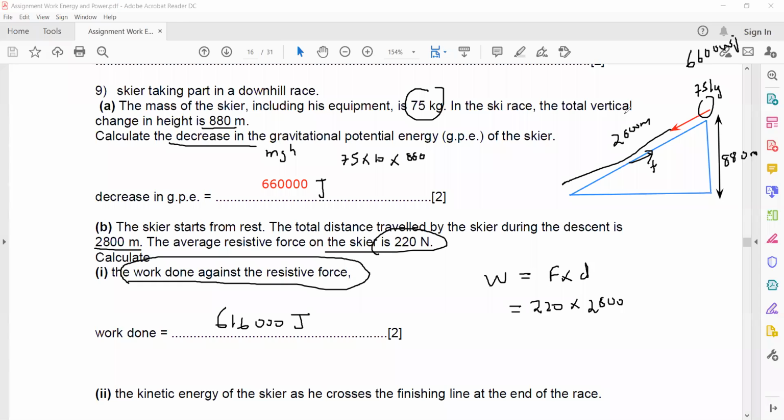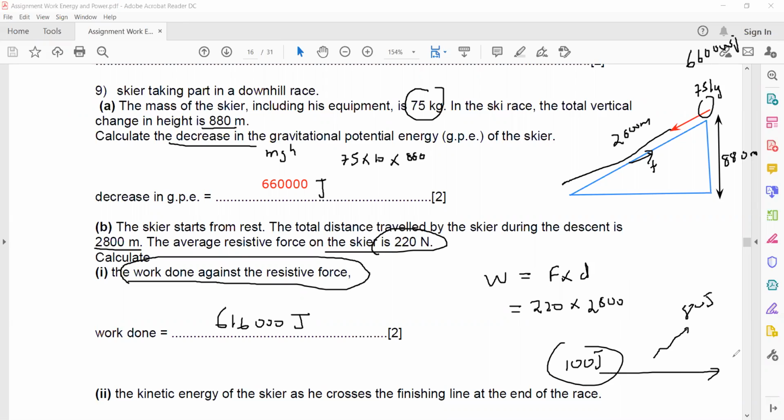Whenever you do work against a resistive force, for example, say you have initially chemical energy of 100 joules and you're running, and there's air resistance which opposes your motion, and you do work against the air resistance, for example 80 joules.